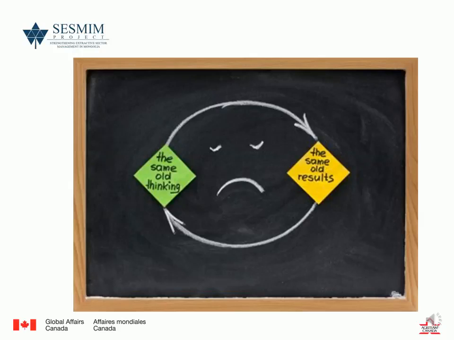We're here because we want to improve ourselves, and we want to do something better, and something more. In order to do that, you have to realize that if you keep thinking the old way and keep doing the same things, your results will always be the same. Nothing will change.